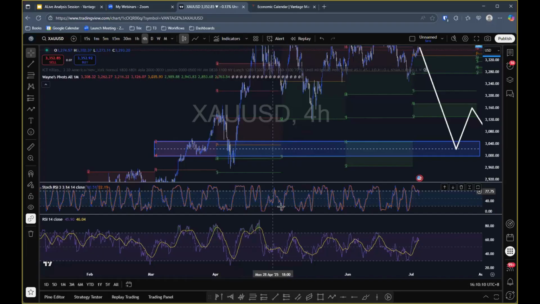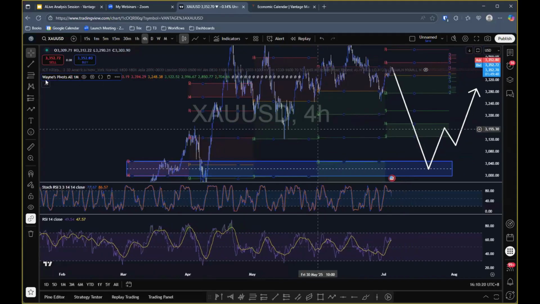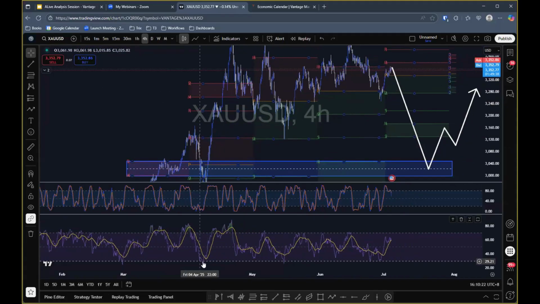You get a sine wave, or a wave that is more consistent with the cadence of the ups and downs of the price action, right? So you can see from the month of April all the way to the end of June, you don't really see a lot of oversold signals, right? Whereas for the RSI, you get many of these.